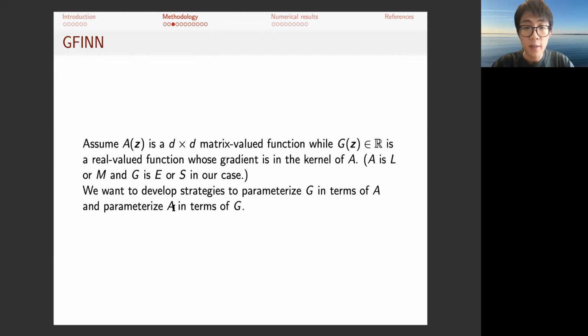Basically here, A will be the L and M in the generic formalism, and G will be the E and S in the generic formalism. Because there is this kind of symmetry, we just use A for both L and M, and G for both E and S.